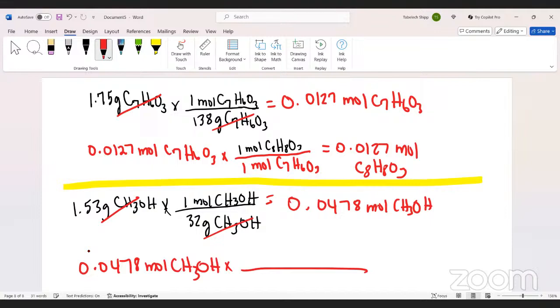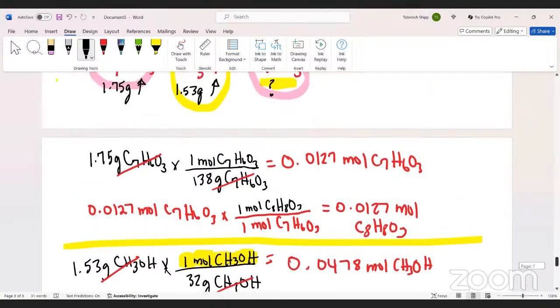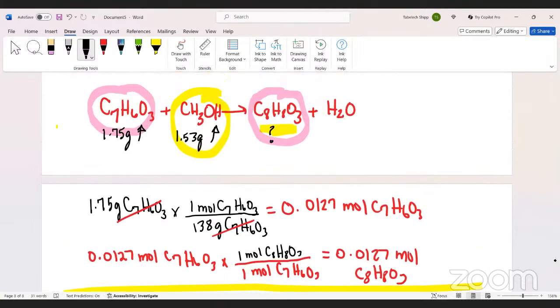You're going to go back to your balance equation and you're basically going to write this coefficient right here. What I'm highlighting in yellow, you're going to put that on the very top right here. 1 mole of CH3OH. And on the very bottom, you're going to go back to your balance equation to look at the coefficient, which was still 1 right here. There's an imaginary 1 right there.